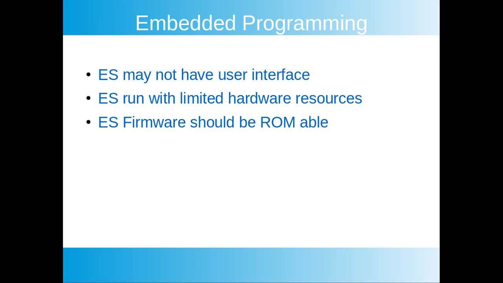It may have a processor with a few megahertz of clock frequency, and RAM of a few kilobytes. In such cases, the embedded software should be made super efficient so that it can perform well.